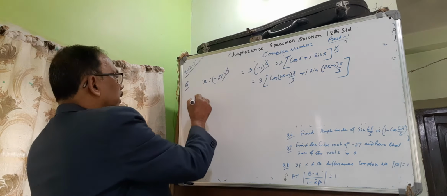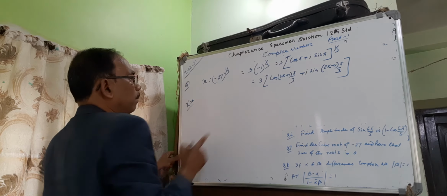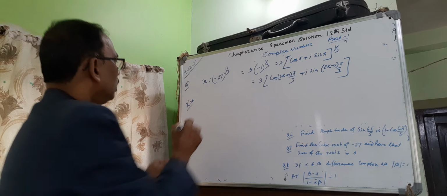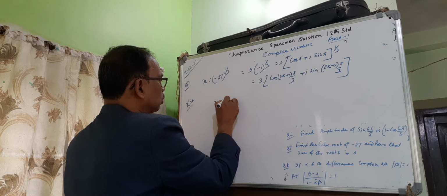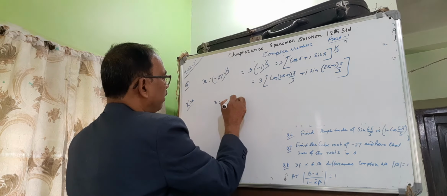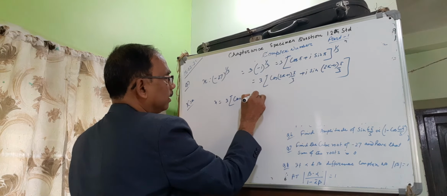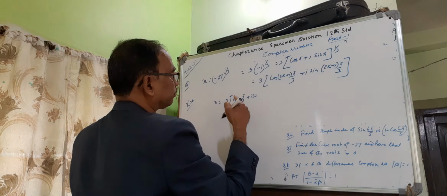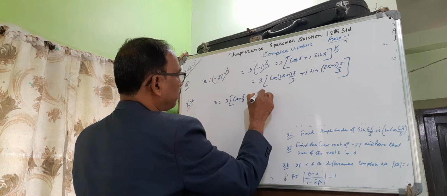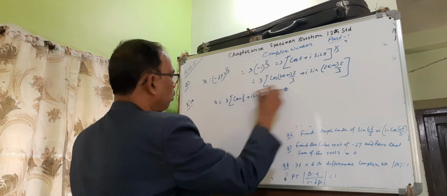Now putting k = 0, 1, 2, we have to get 3 roots. If k = 0, x = 3 [cos π/3 + i sin π/3]. This is equation number 1.